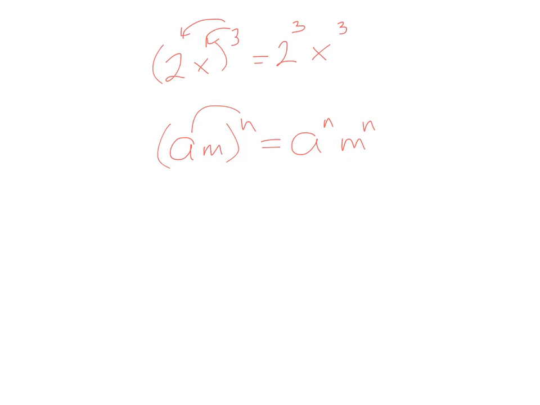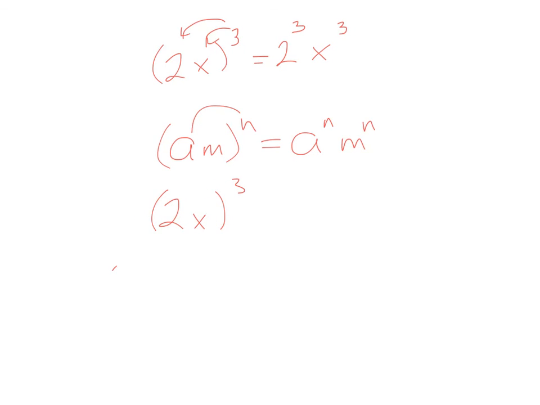Let's go back to this first example and I'll show you why this is a shortcut. 2x to the 3rd, this 3 tells us that we're going to have 3 sets of this.